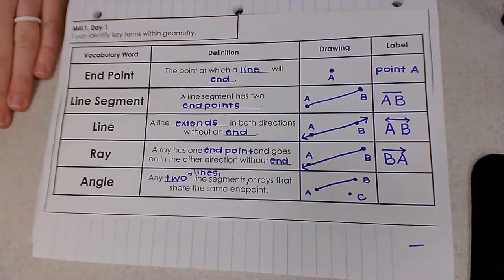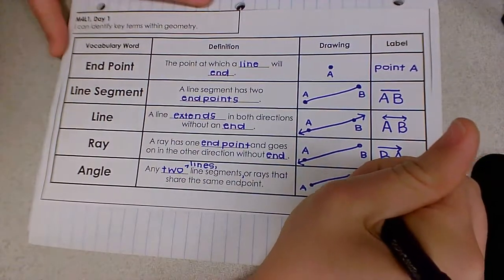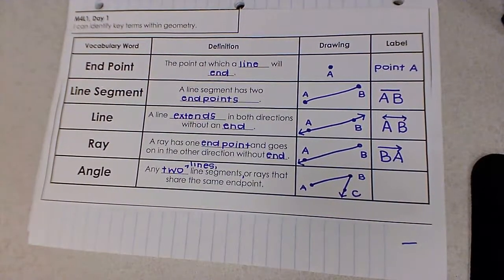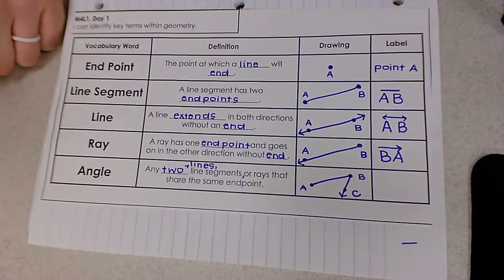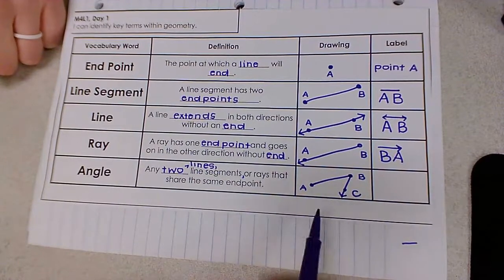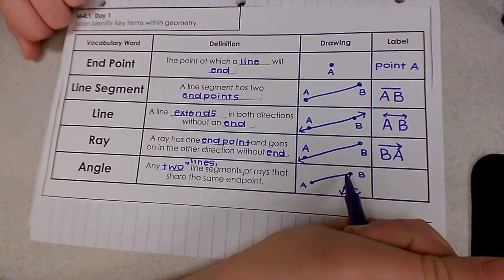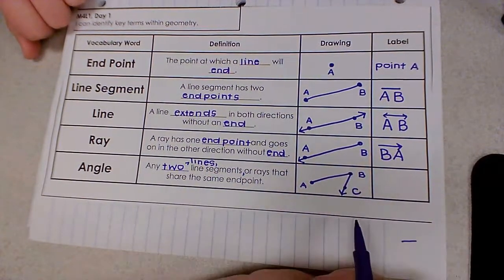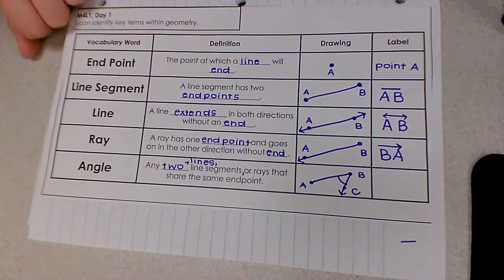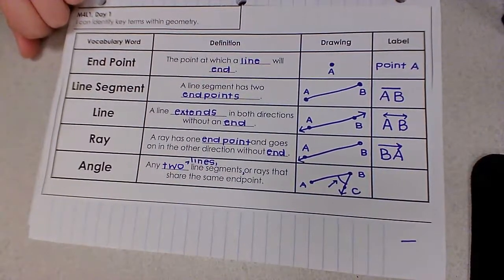Point C is actually going to connect with point B, and we're going to build a ray that extends past point C. Now we have 2 different lines, a line segment and a ray, connecting at the same endpoint, which is point B. The shared space between these 2 lines shared at point B is called an angle, and we mark it with a curve like that. I'm even going to point an arrow at it to say that this right here is an angle.